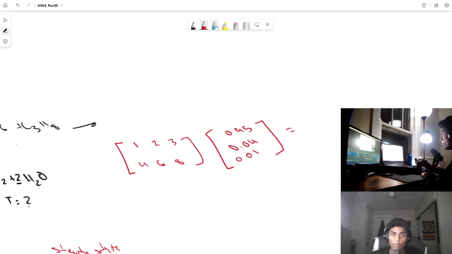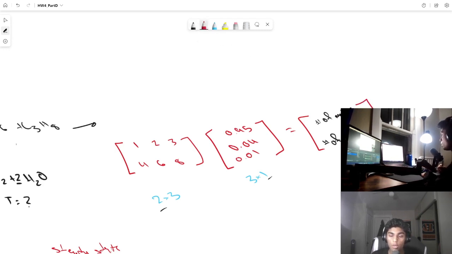So what we get when we multiply this 2 by 3 matrix by this 3 by 1 matrix is a 2 by 1 matrix in which we are given the number of moles of carbon and the number of moles of hydrogen.